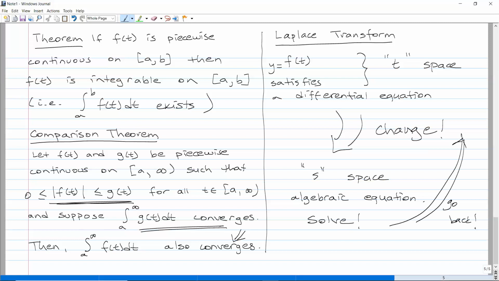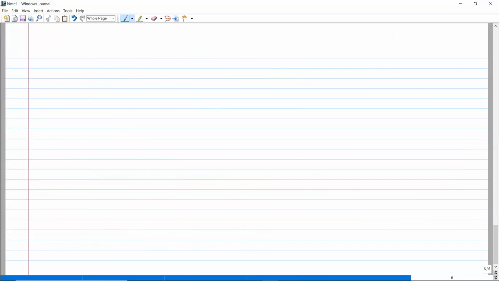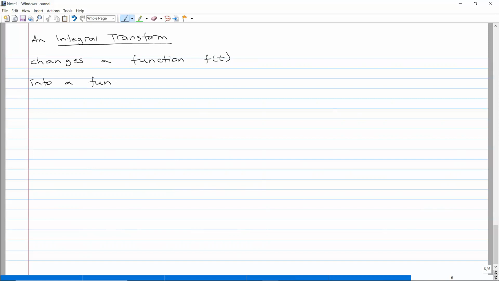Of course, you can do it in various different ways, and one way is to use integral transformations. So first, an integral transform changes a function f of t into a function I'm going to denote by capital F of S. So we are changing the independent variable also.